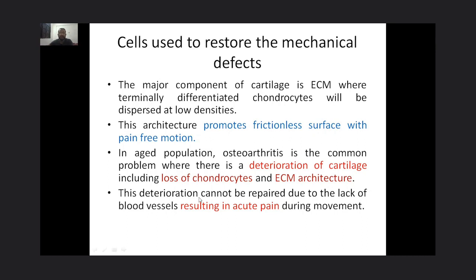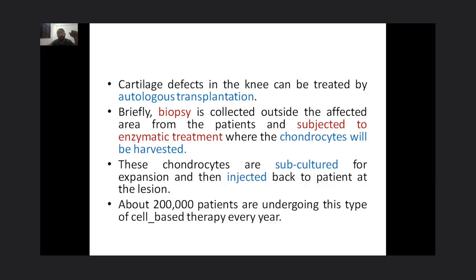This deterioration cannot be repaired due to the lack of blood vessels. So whatever medications are given will not reach there, resulting in acute pain during movement. Whenever you move, there will be acute pain. Cartilage defects in the knee can be treated by using autologous transplantation.